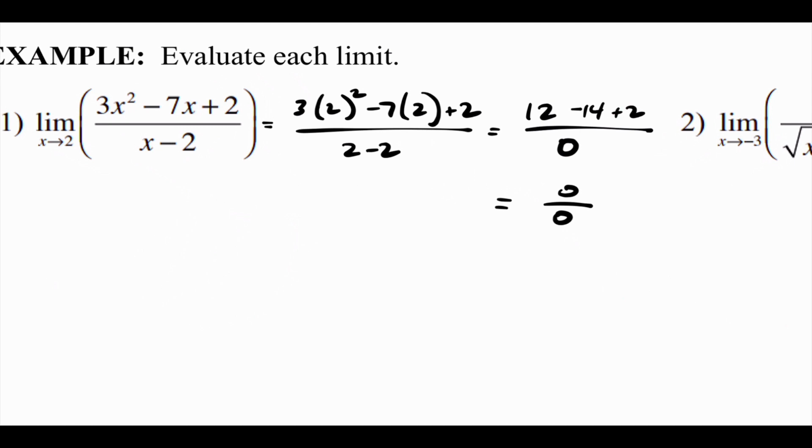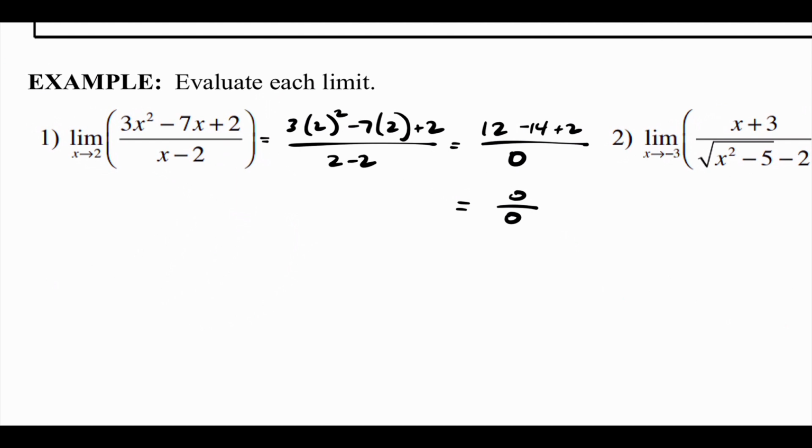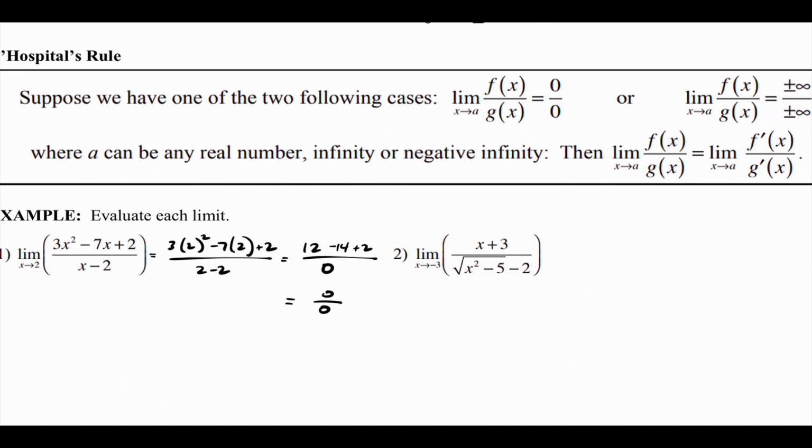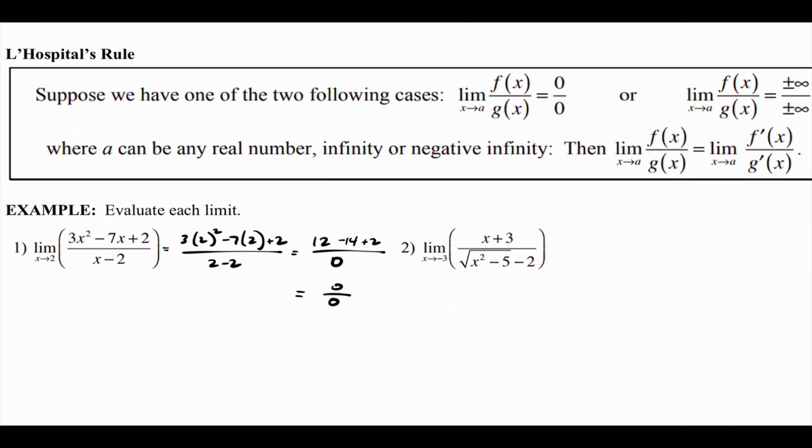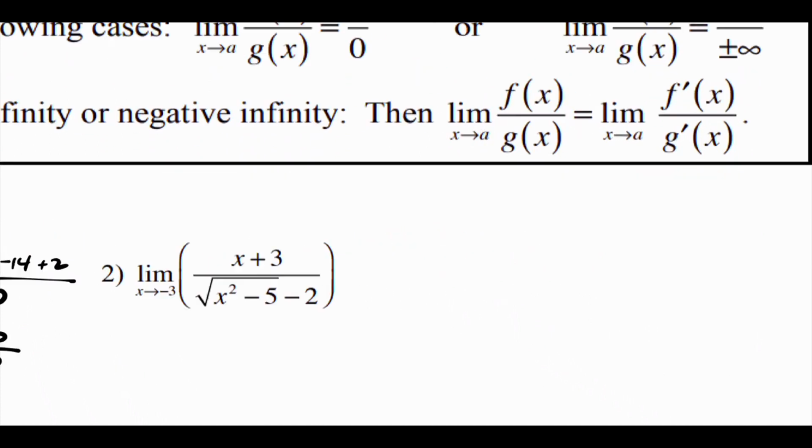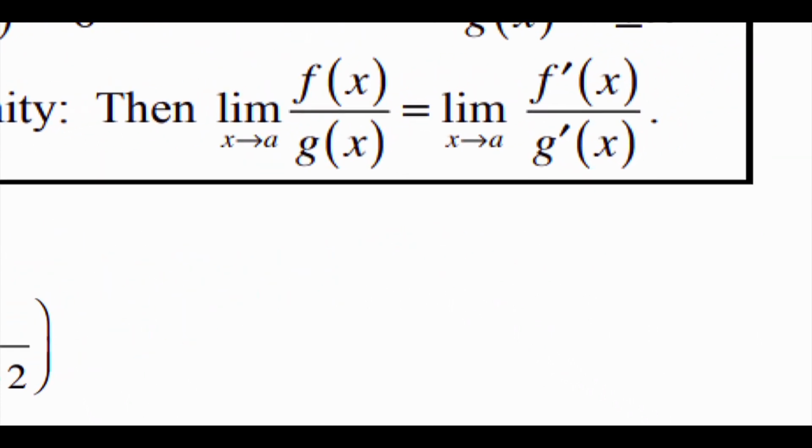So what L'Hopital's rule says is if you use substitution, plug in the number for the limit, and you get an indeterminate form, instead of having to use all of those things that we did last August, the easier way to do it is just say, hey, take the derivative of the top, take the derivative of the bottom, and then do the same thing, plug it in.